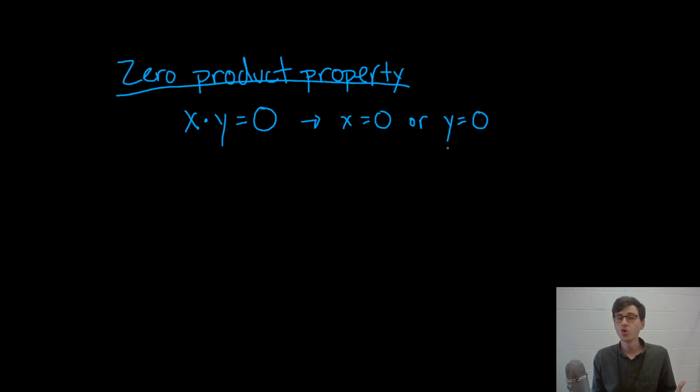But I don't know which one is 0. I just know one of them is definitely 0 because the only way I can get to 0 by multiplying two numbers is by multiplying by 0, right? So if x times y is 0, then that means x is 0 or y is 0 or they're both 0.